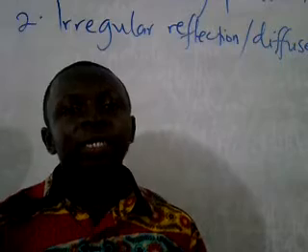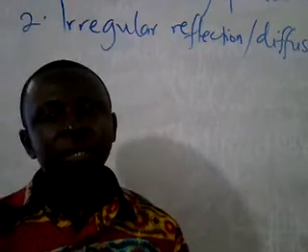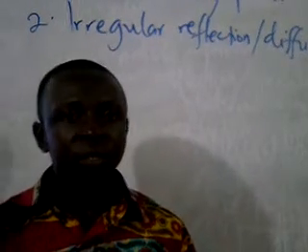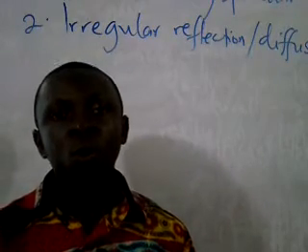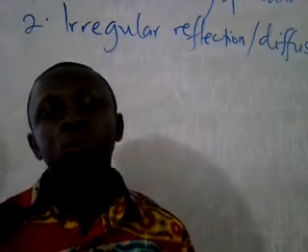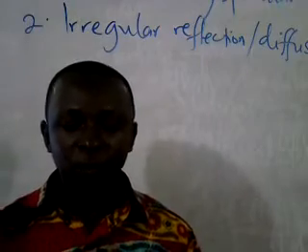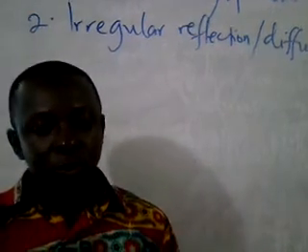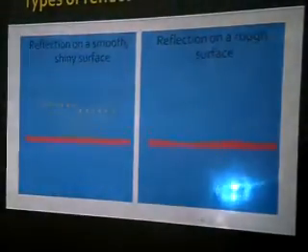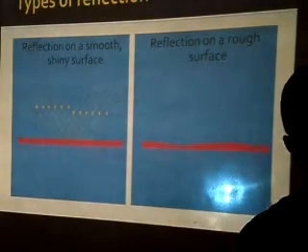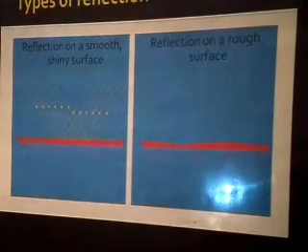So I want to look at how light is reflected on both of these surfaces. First, we look at regular reflection or reflection on a smooth, shiny surface. So if you look at the PowerPoint, this is how light rays behave when they strike a smooth, shiny surface.